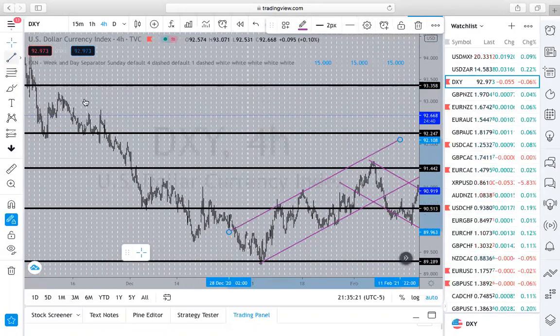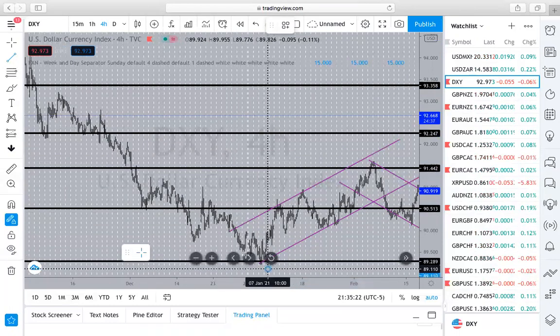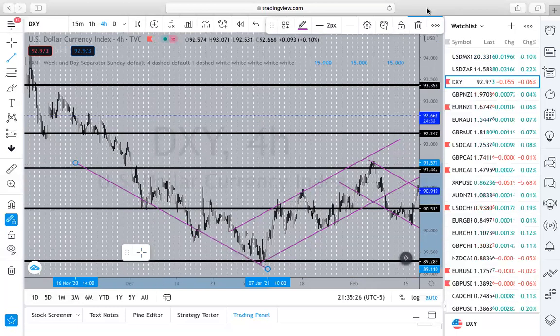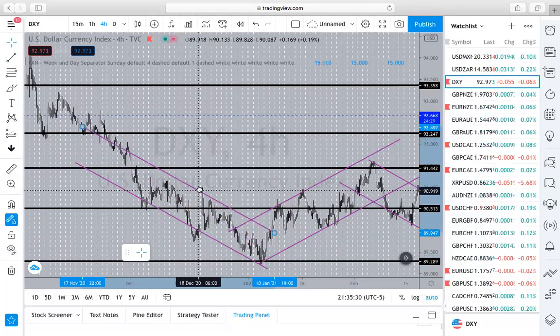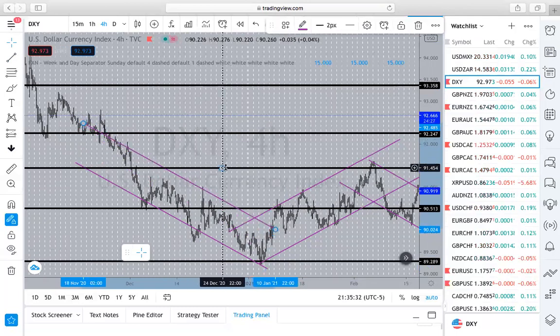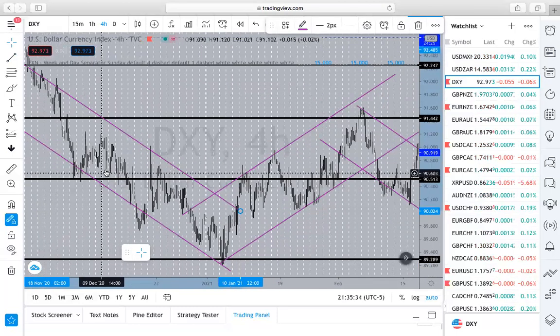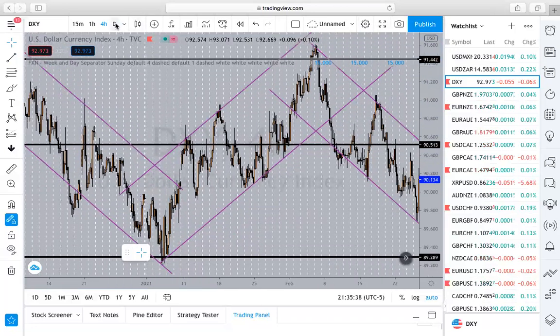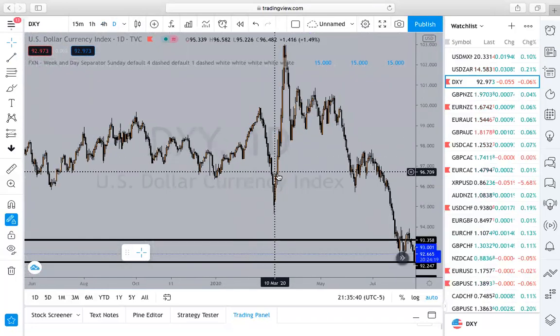We see the trend lines. We see the activity going on, right? So on the 4-hour, we could see the trend lines happening better than we could on the daily time frame, of course, right?